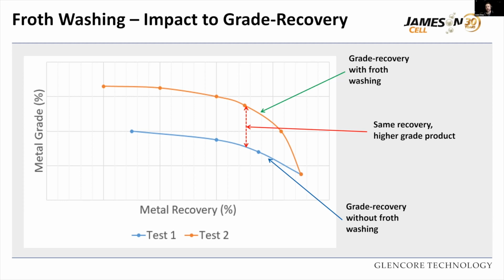You can see a significant upgrade in the concentrate for a large portion of the recoveries, basically until you're starting to get to those extremely high recovery points of effectively just mass pulling. So it makes a significant difference and means you can reduce the number of stages you require to get the upgrade that you need.